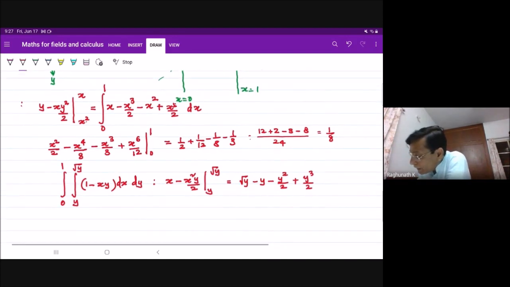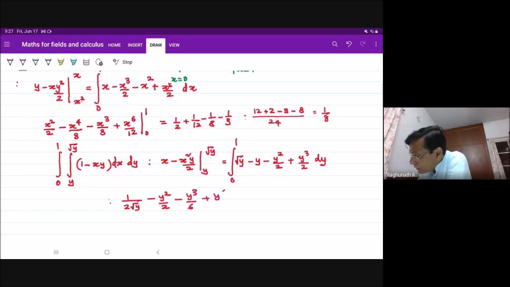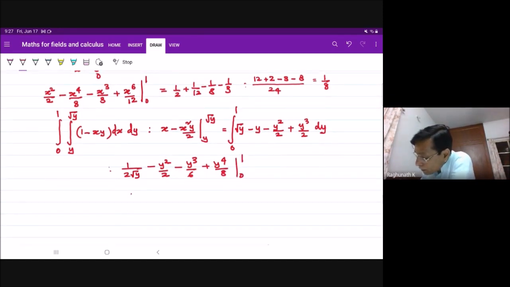What is it ultimately? Integral 0 to 1 dy, 1 by 2 root y minus y square by 2 minus y cube by 6 plus y power 4 by 8 from 0 to 1, which is 1 by 2 minus 1 by 2 minus 1 by 6 plus 1 by 8.